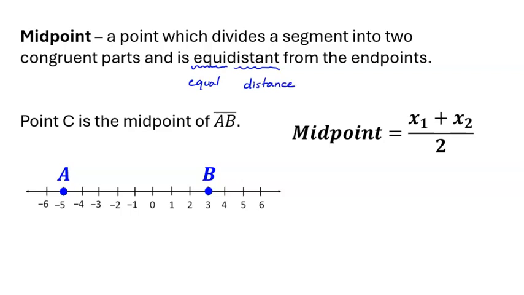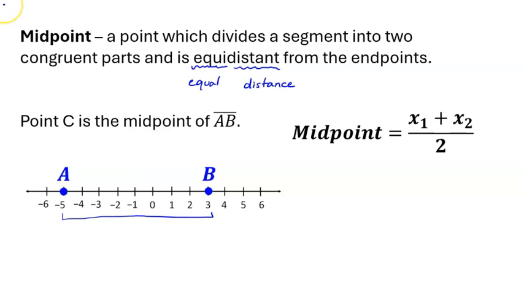And when we're looking at this particular number line, it tells us that point C is the midpoint of AB. So if we're using a number line, we can figure out the distance from A to B, and we can see that that's 8. And so we know that our halfway point would be here at -1.